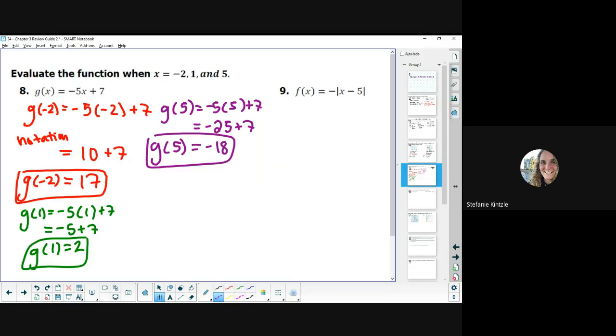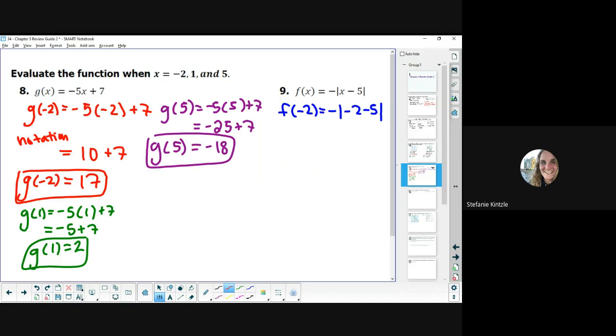All right, next one we have some absolute value. Okay, first let's start by plugging in x equals -2. So every place you see an x, replace it with a -2. All right, so how does this work? You do inside the group first, meaning like parentheses, but parentheses can be any group.